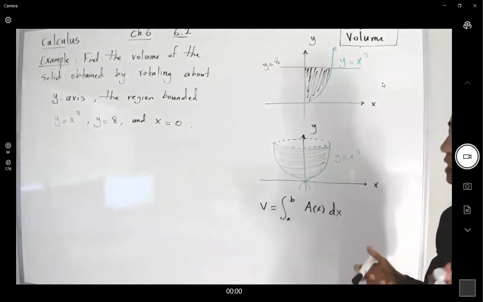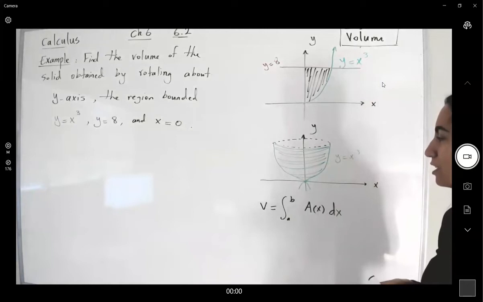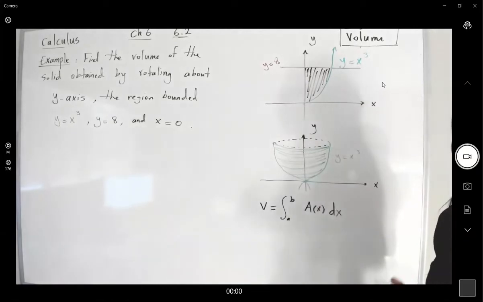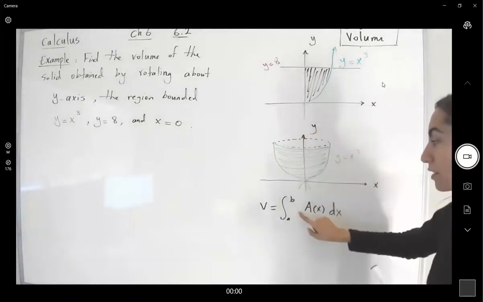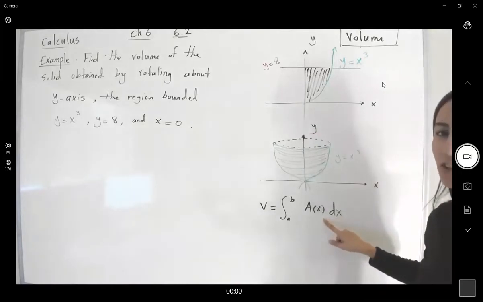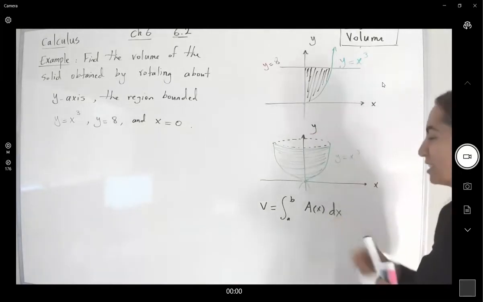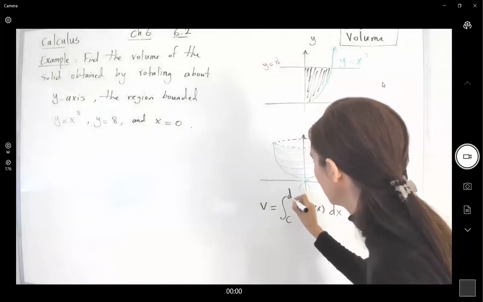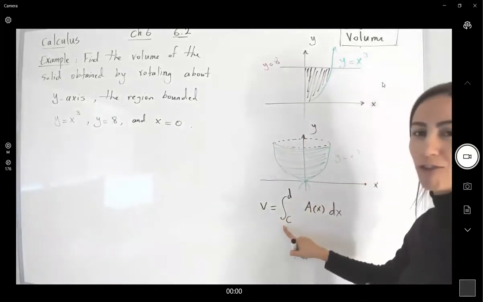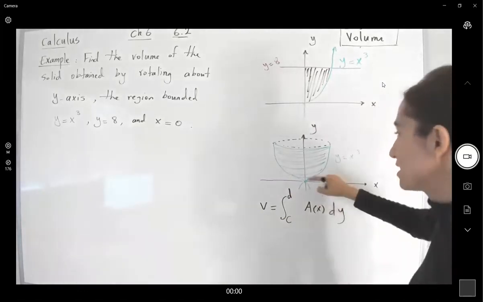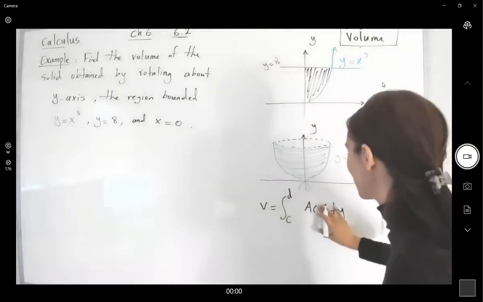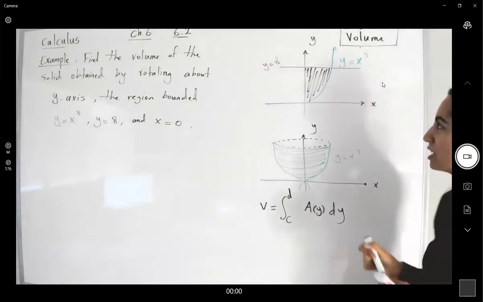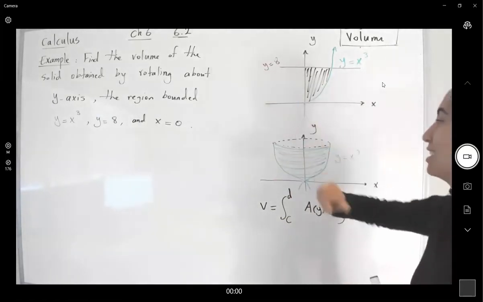Well, isn't it easier to take the integral with respect to y, while your y is bounded between some values and this area is a function dependent on y? In other words, we're finding the volume while y is bounded between c and d, and your area is a function dependent on y.